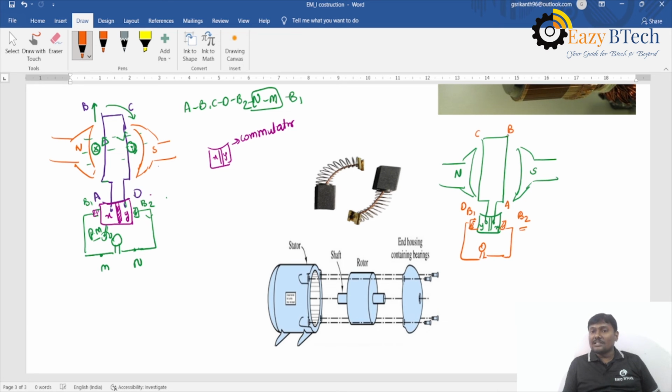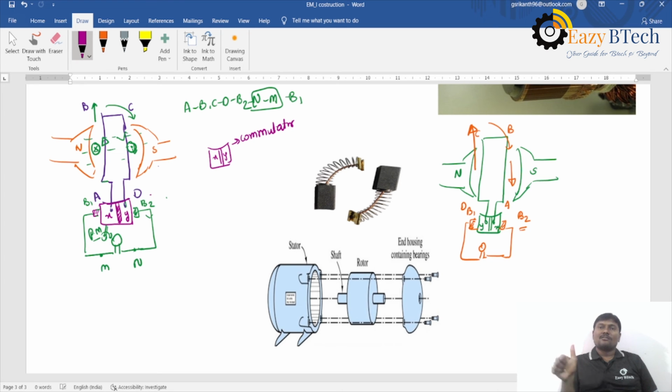The brush positions are fixed. So brush B1 is always in contact with the conductor which is existing under the north pole, and brush B2 is always in contact with the conductor which is existing under the south pole. So again it is rotating in a clockwise direction.